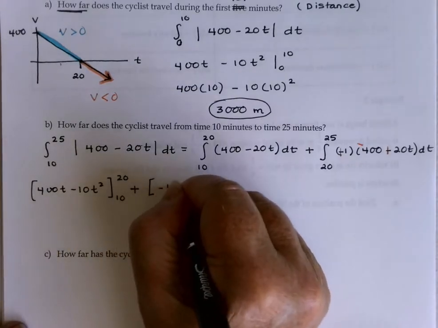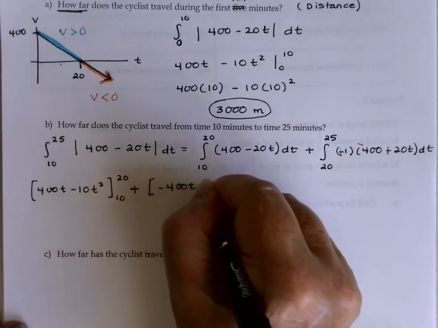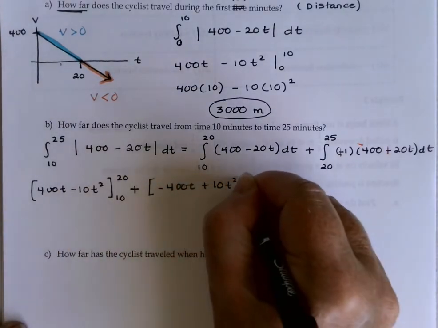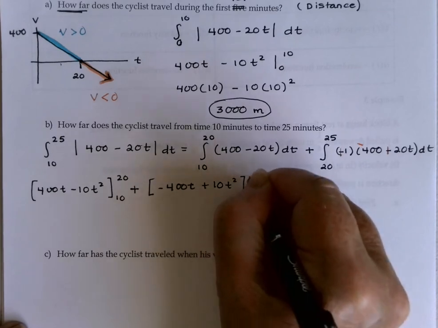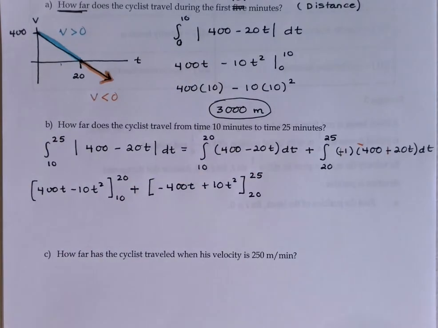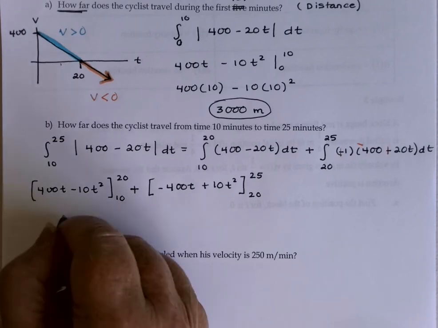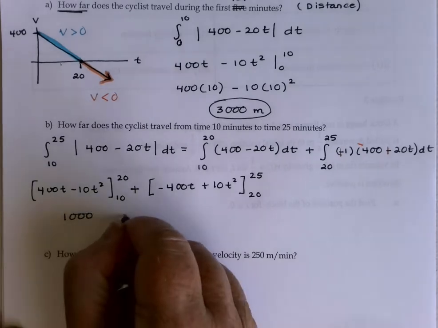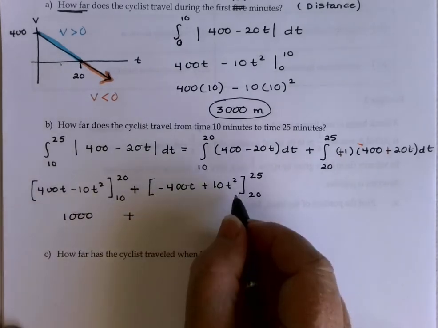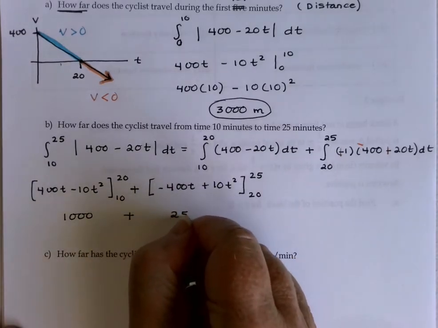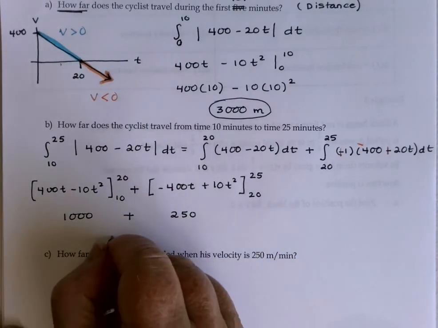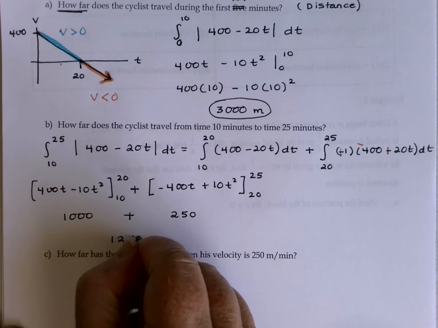A negative 400t plus 10t squared, evaluated from 20 to 25. And I'll just trust you to plug in those values and evaluate your FTC there, your fundamental theorem of calculus. When I did this one over here, I got 1,000. And then this one turned out to be 250. So my total distance was 1250.